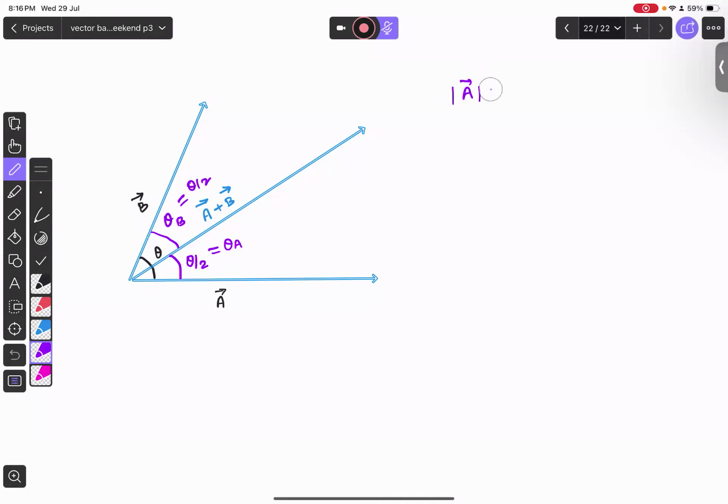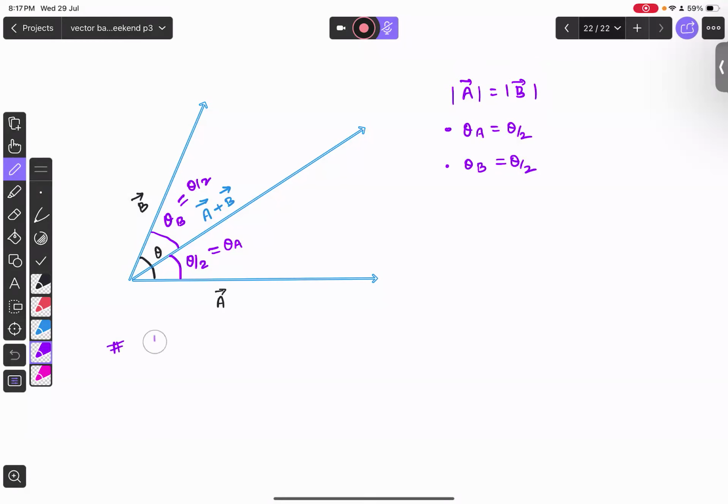So maybe you prove it at home. If A and B are equal, then the angle made with vector A will be theta by 2, and the angle made with vector B will also be theta by 2.